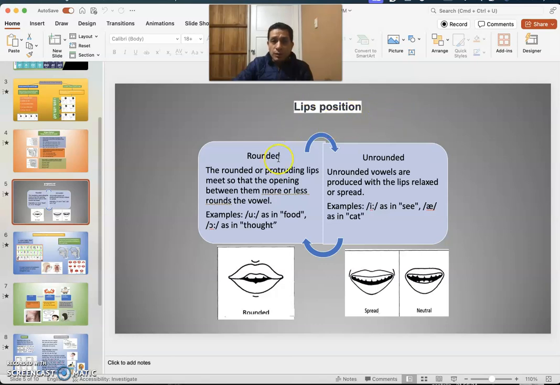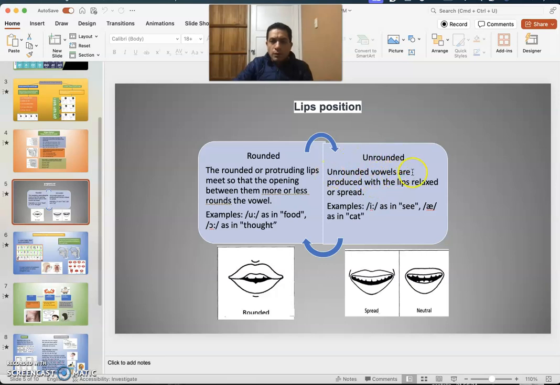Lips position. We can find rounded and unrounded lips positions. Let's start with the rounded. The rounded or protruding lips meet so that the opening between them is more or less round, for example as in food and as in throat.